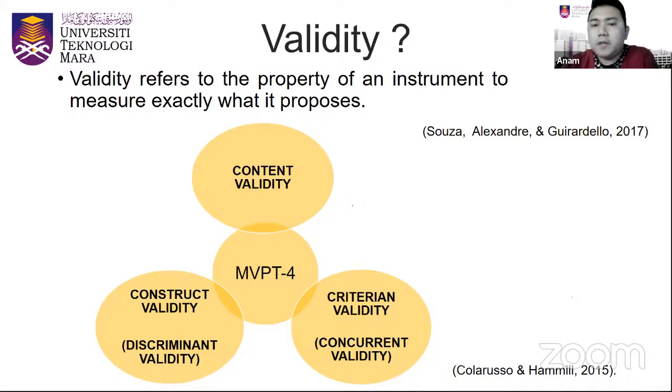Validity refers to the property of an instrument to measure exactly what it purports to measure, or validity is defined as the extent to which a test measures the construct it purports to measure.